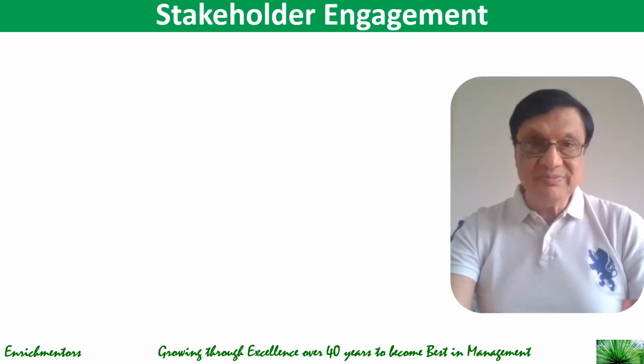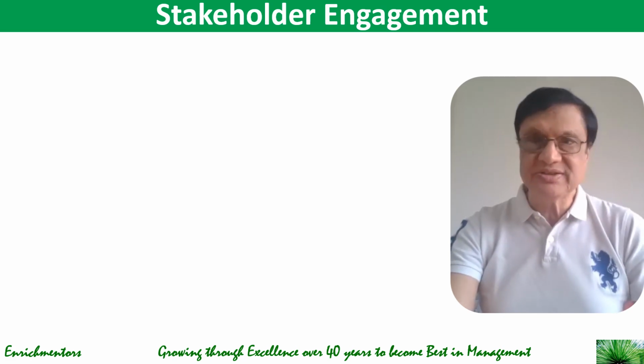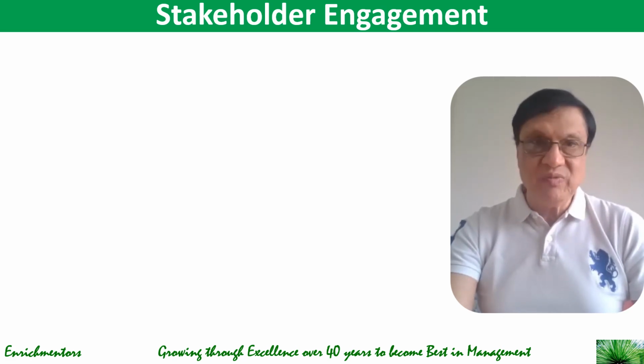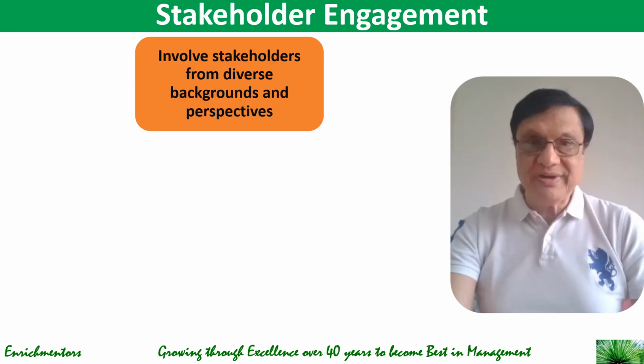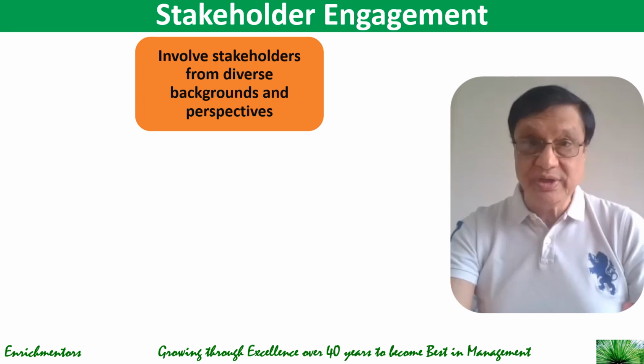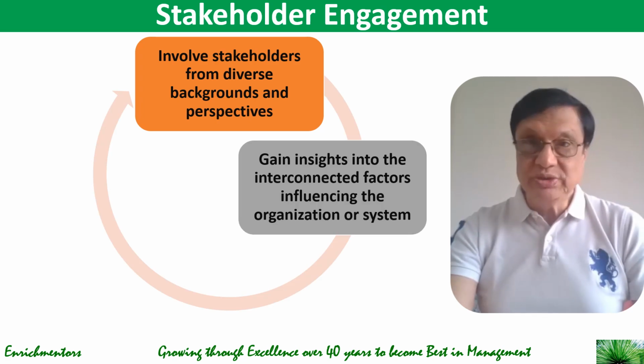Also, system thinking emphasizes the importance of stakeholder engagement in the strategic planning process. You as a strategic planner can involve stakeholders from diverse backgrounds and perspectives, and that will help you gain insights into the interconnected factors influencing your organizational system.